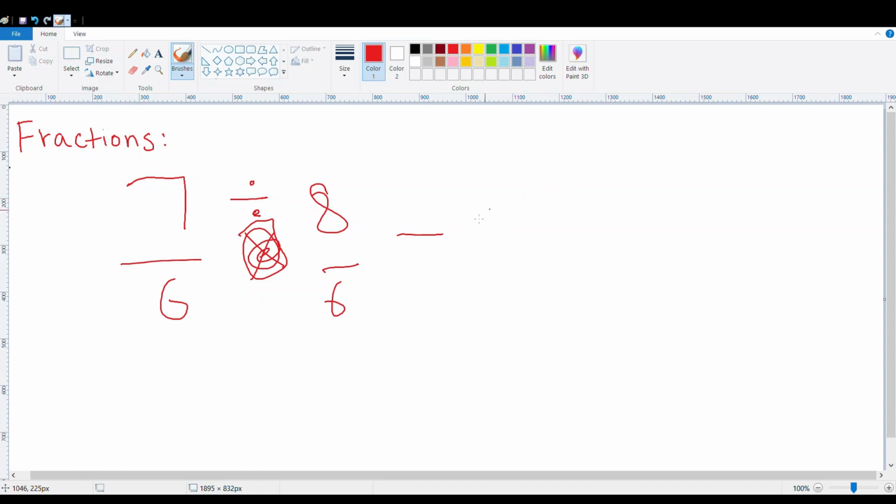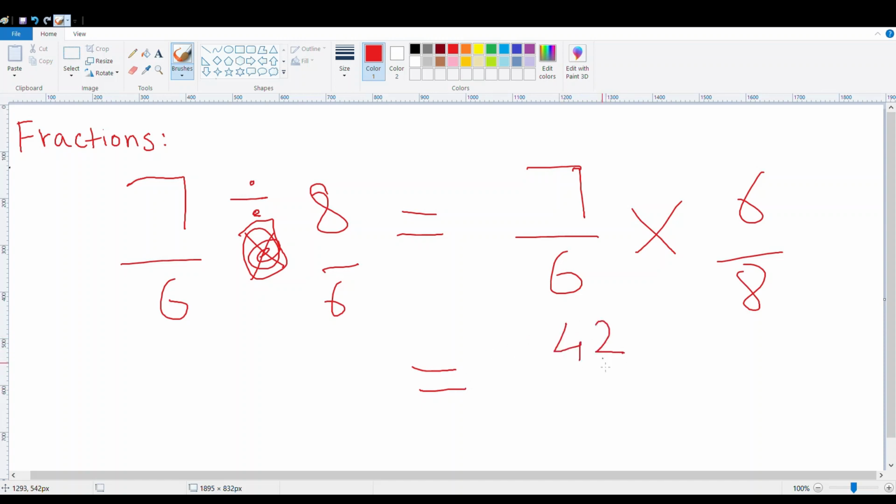Now you need to find the multiplicative inverse of the other fraction. So 7 over 6 times 6 over 8. Now it's the multiplicative inverse, and you can change the sign to multiplication, and now you can normally multiply the fractions. So the answer is 42 over 48, and now you can again simplify the fraction.